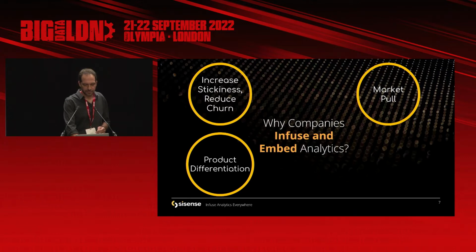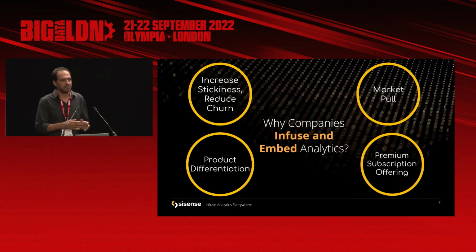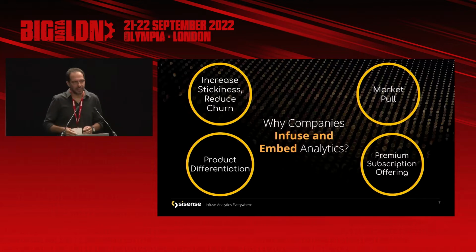And that also brings to the next one, which is the ability to potentially create a new revenue stream. When you pay your subscription to your B2B product, usually it's including everything. But you can also see customers who are saying, okay, we're going to provide a lot of self-service analytics out of the box with the basic subscription.